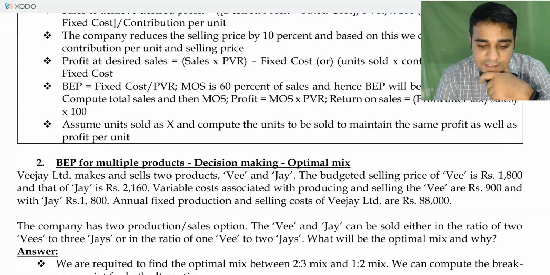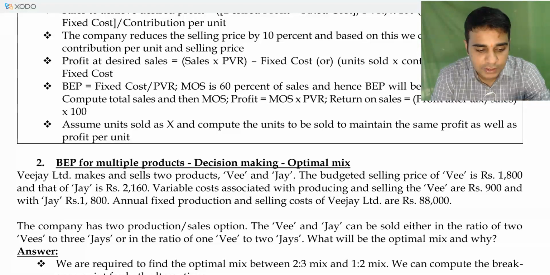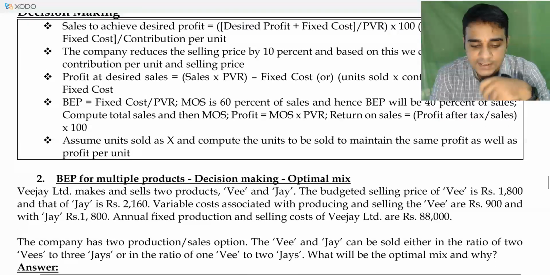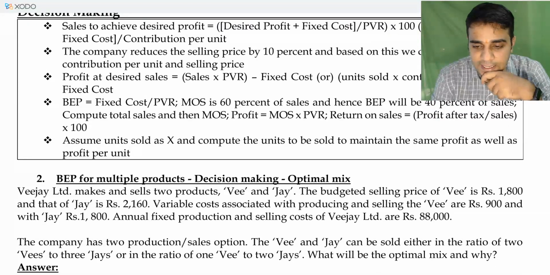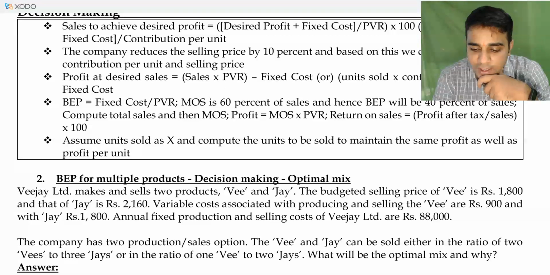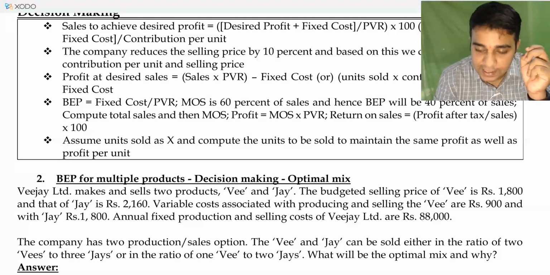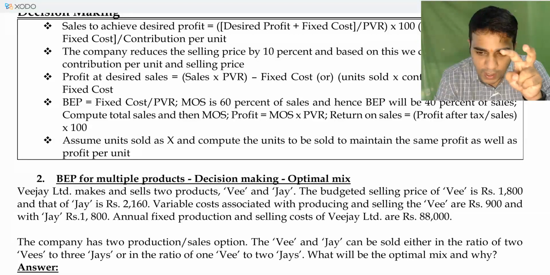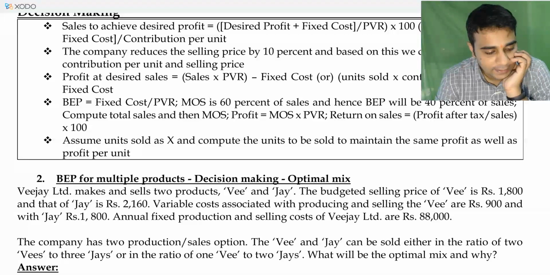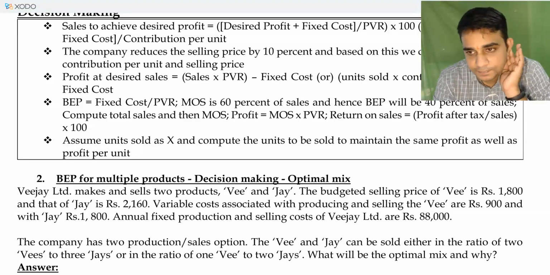Fixed production and selling cost is 88,000. Company has two production or sales options. V and J can be sold either in the ratio of 2 V's to 3 J's or in the ratio of 1 V to 2 J's. What will be the optimal mix and why? Go through the question first.